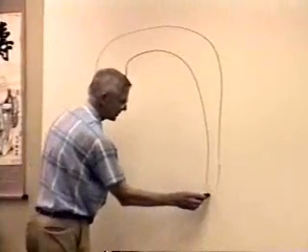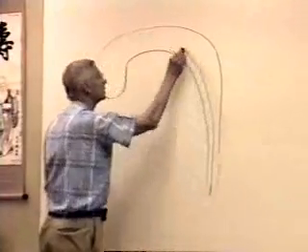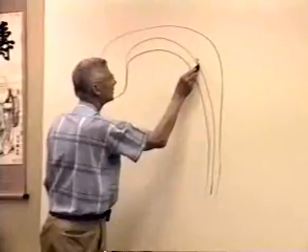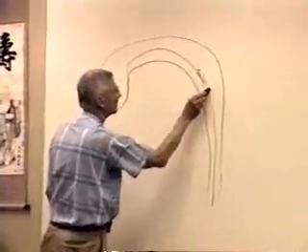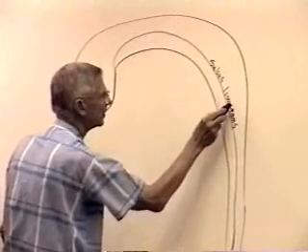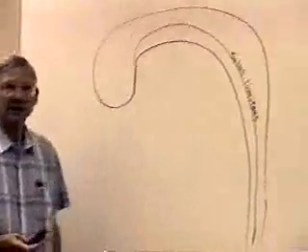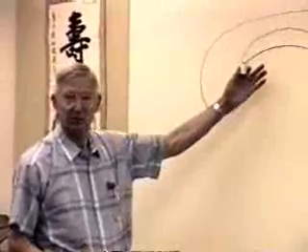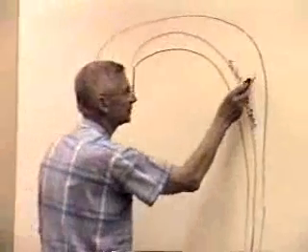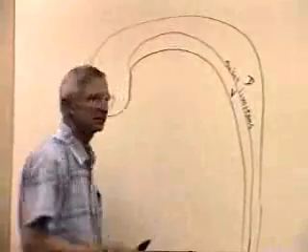With the sulcus limitans dividing this hollow neural tube, which is a mid-sagittal view, into dorsal and ventral.